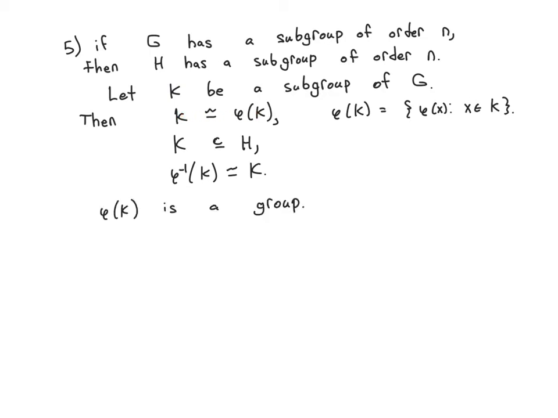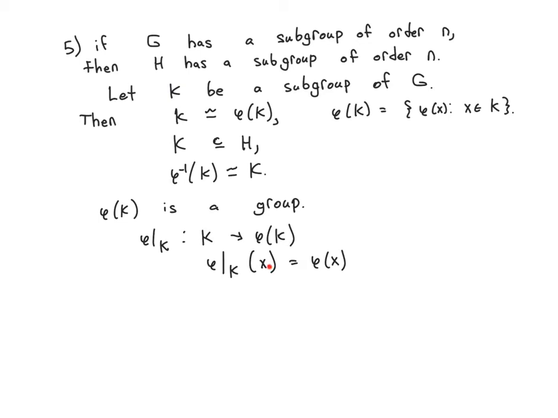The easiest way to see this fact is to define a new map called phi restricted to K. It's a function from K to phi of K, defined by the same formula as phi.